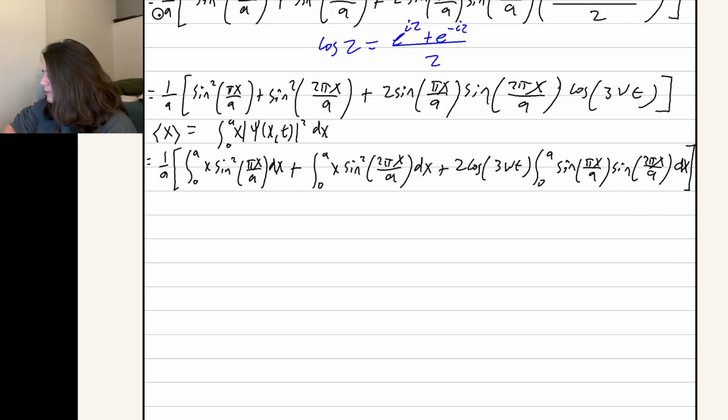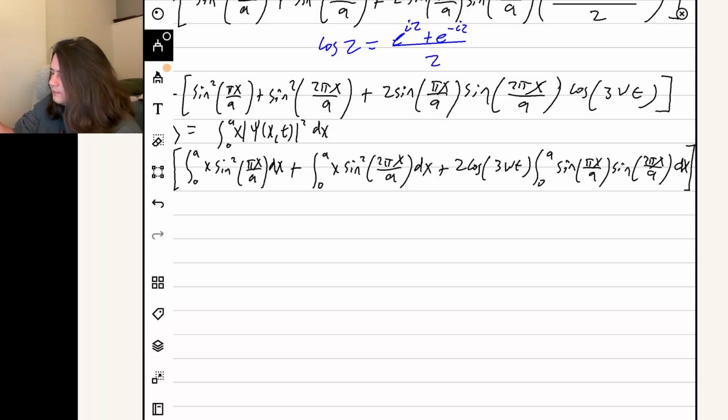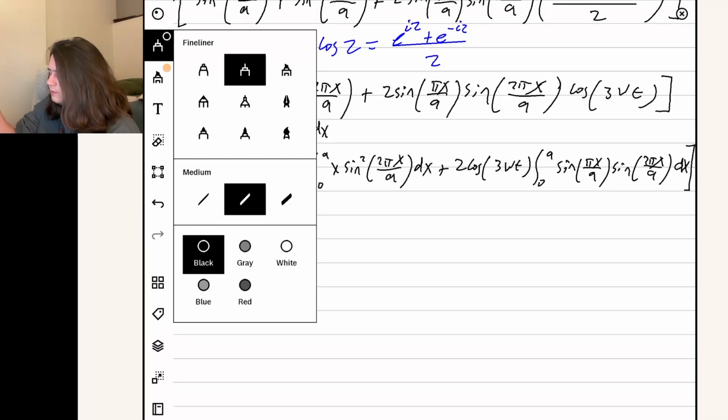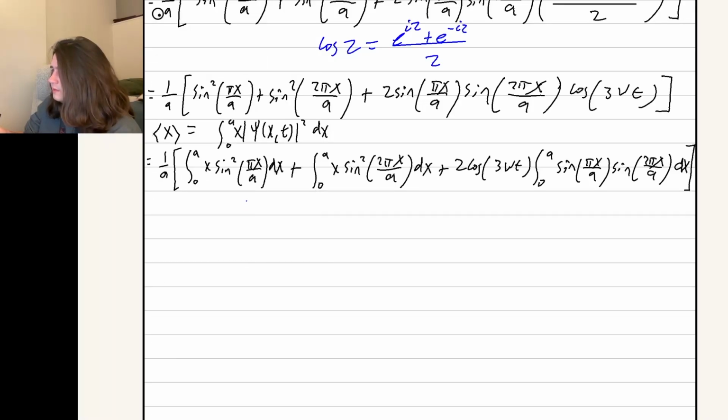Now I'm going to use a trig identity to simplify these integrals. Sine squared is equal to 1 minus cosine 2x over 2, which we've already done. But also, sine x sine y equals 1 half, cosine of x minus y minus cosine of x plus y.